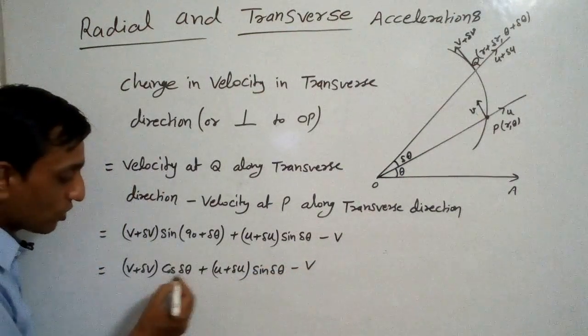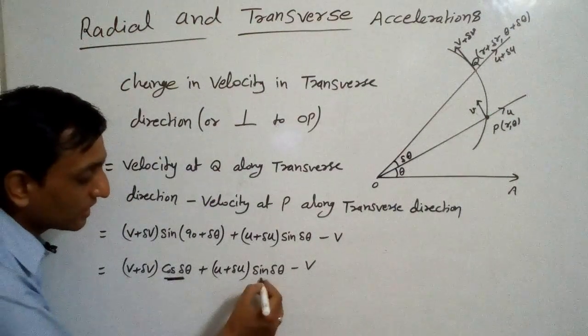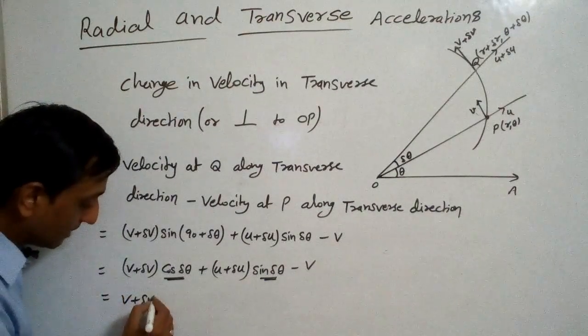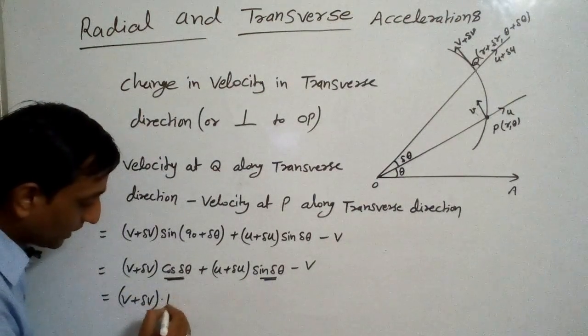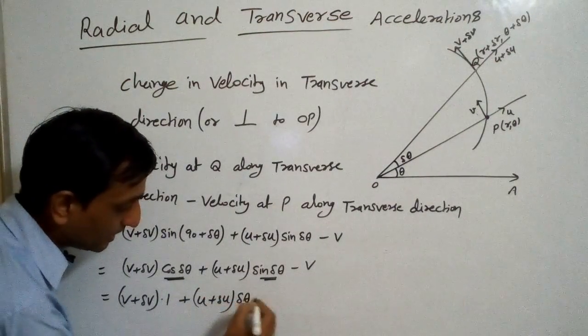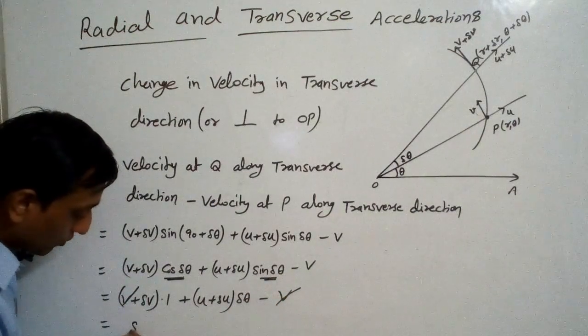For a small angle, cos delta theta is 1 and sin delta theta is delta theta. So we can say (V plus del V) times 1 plus (U plus del U) delta theta, minus V. So this V is cancelled out.